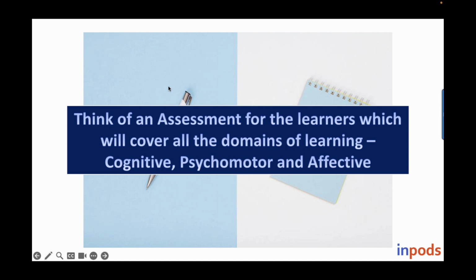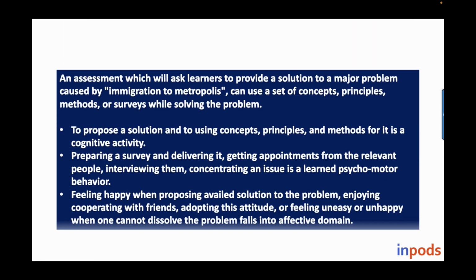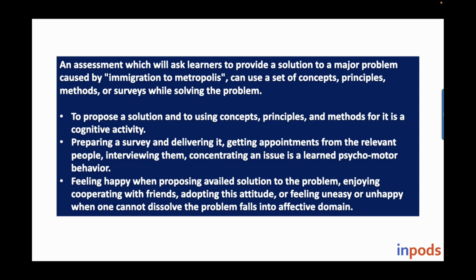Yeah, so let me show you what this kind of exam, assessment, could be, in which all three domains can be covered. An assessment which will ask learners to provide a solution to a major problem caused by immigration to metropolis. From the small cities, tier 4, tier 5 cities, people are migrating to metropolis, right?